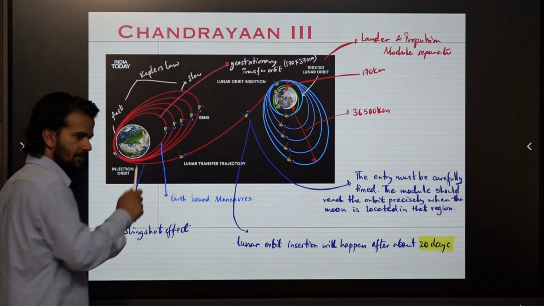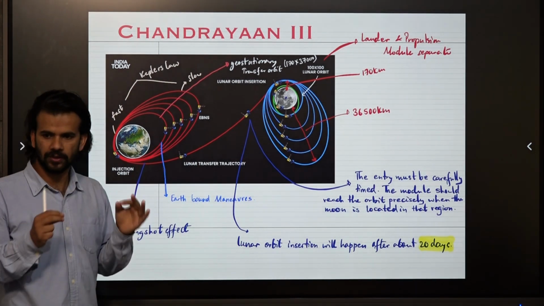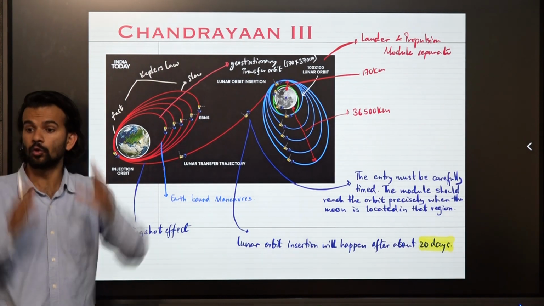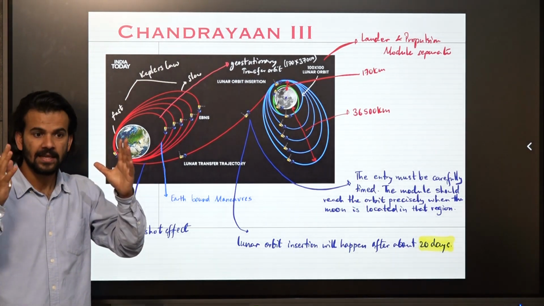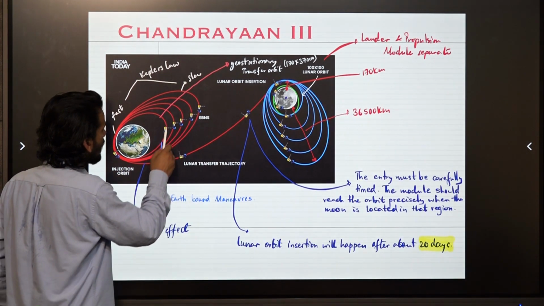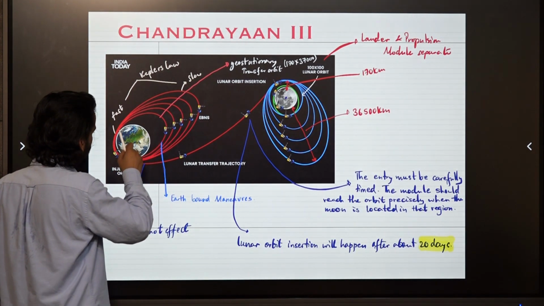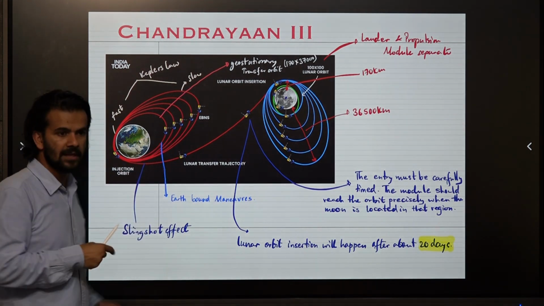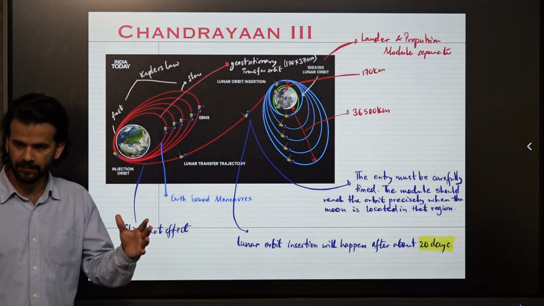Once the booster ignites, the rocket shoots itself up, and it comes to the first orbit, this elliptical orbit. It crosses the atmosphere.